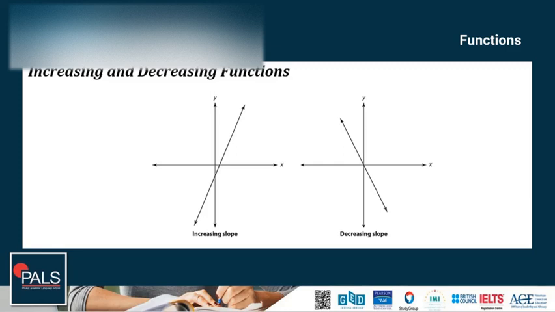Now, if you are looking at an equation of a line, if the slope is positive, then it is increasing. If the slope is negative, it is decreasing. So those are the ways we can identify whether a function is increasing or decreasing by looking at the slope.